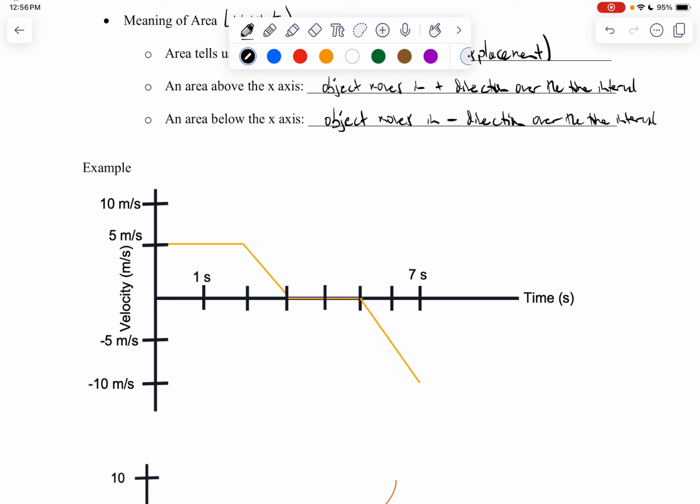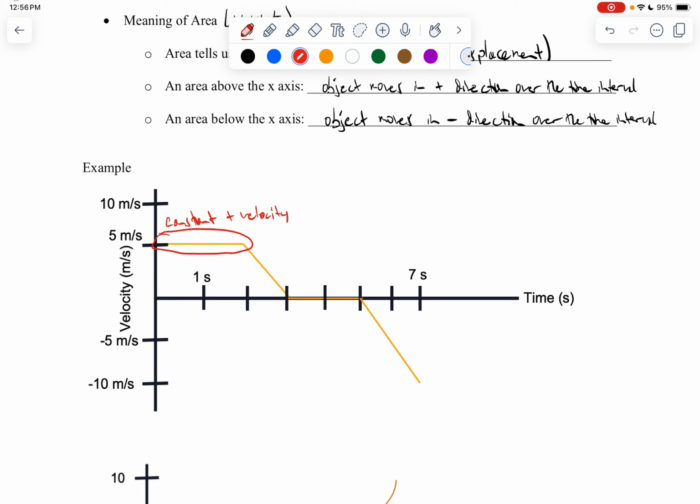So if we're breaking apart these different graphs, for our first 2 seconds here, we have a slope of 0. So it basically means that we have a constant velocity that's going to be positive. So for those first 2 seconds, we're moving at a constant velocity of 5 meters per second. Again, we're going to be moving forward from the origin in this case.